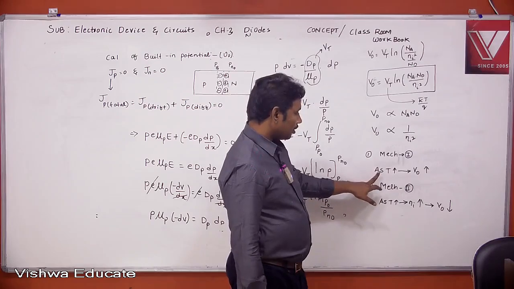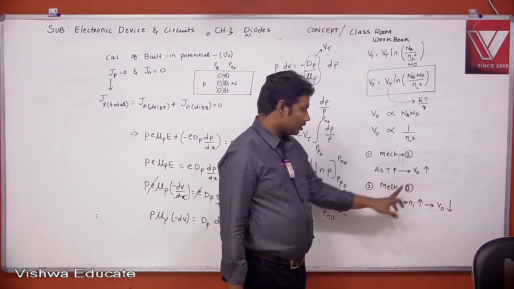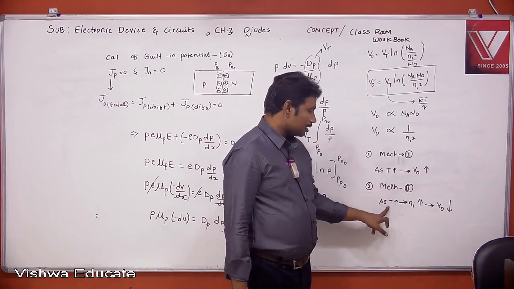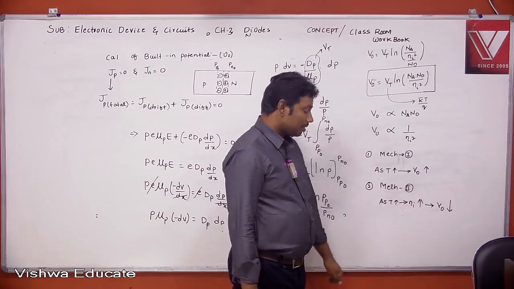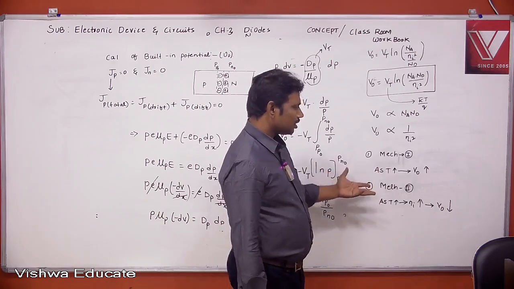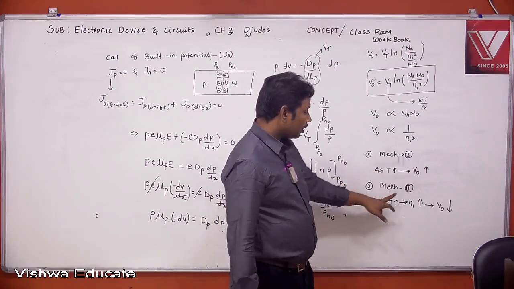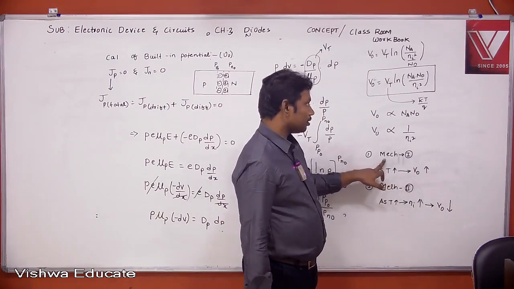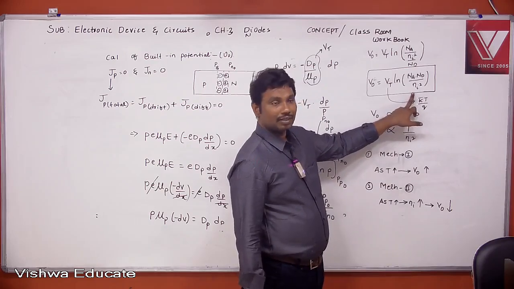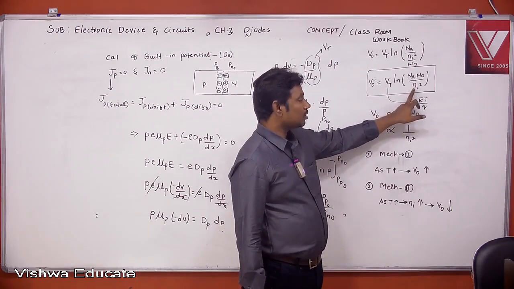Now with respect to mechanism 1, as temperature increases, built-in potential increases, and with mechanism 2, as temperature increases, built-in potential decreases. That means which mechanism is dominating? Both mechanisms at a time is not possible, right? Mechanism 2 will dominate mechanism 1 because this is a square term. This is only directly proportional, this is inversely proportional, and that too a square term, right?